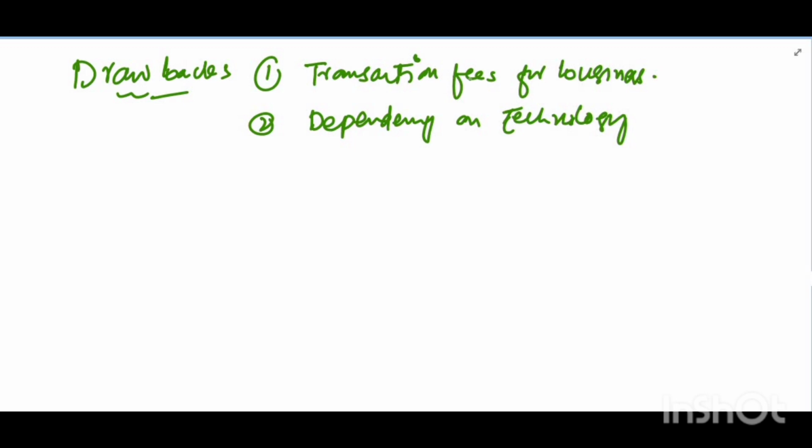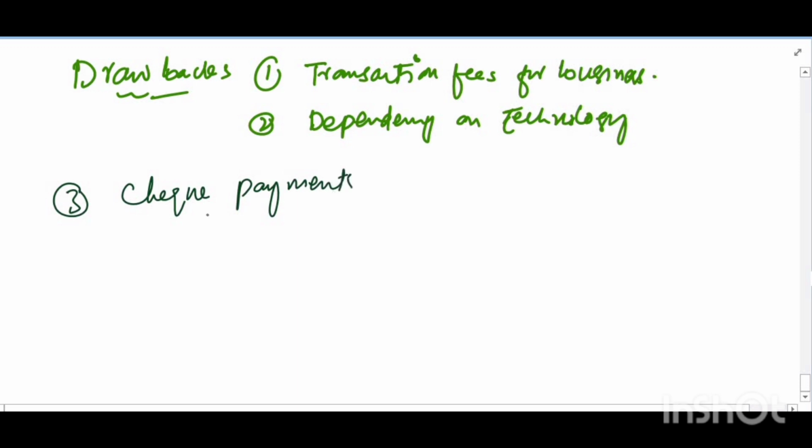Now the third method is the check method, check payment, which is going to be obsolete with the passage of time.